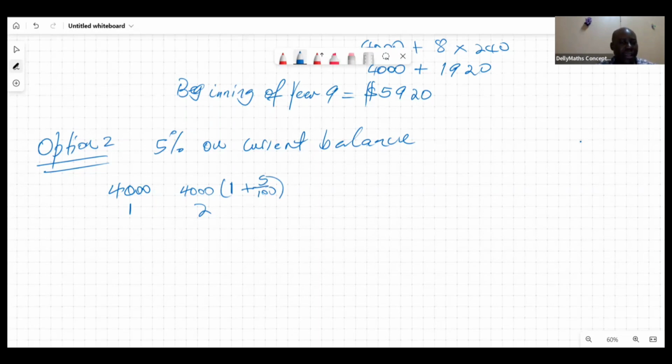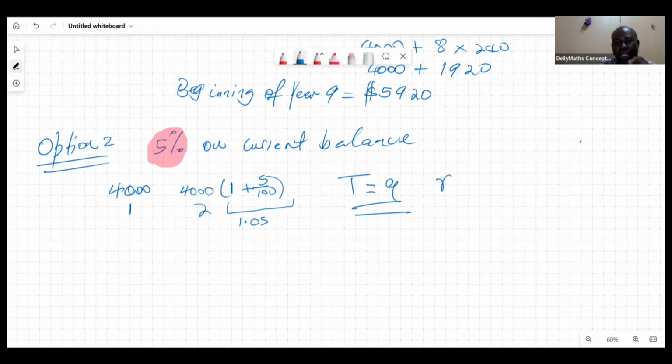When you work this out, this piece will simply give us 1.05. The same thing is going to happen the next year and the next year. The ratio of change is going to be 5%.